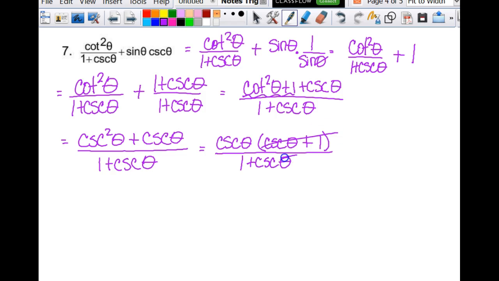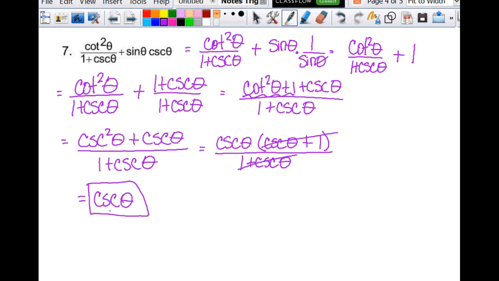Then these cancel out, and your final answer after all that mess is just cosecant theta. So all along the way, let's say theta is pi halves. If I substituted in pi halves at any given point along here, that answer is going to be the same as cosecant of pi halves, right? This just simplifies it down.